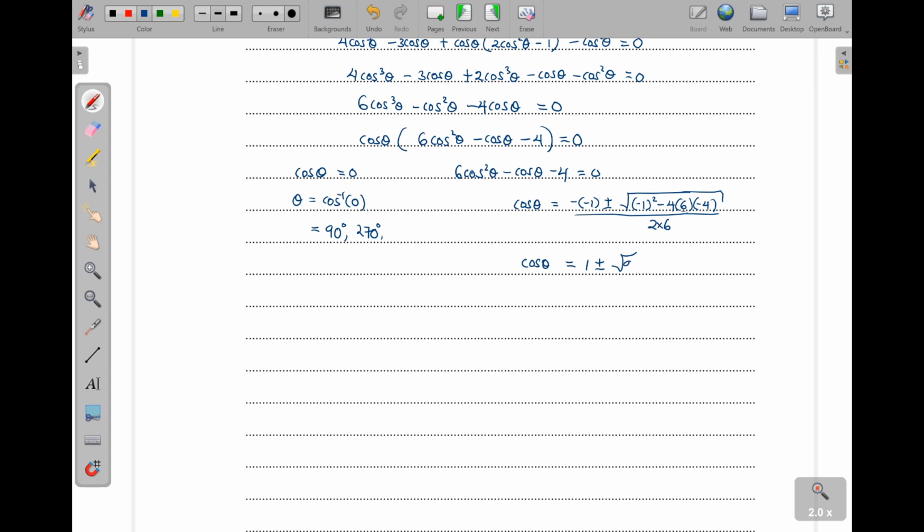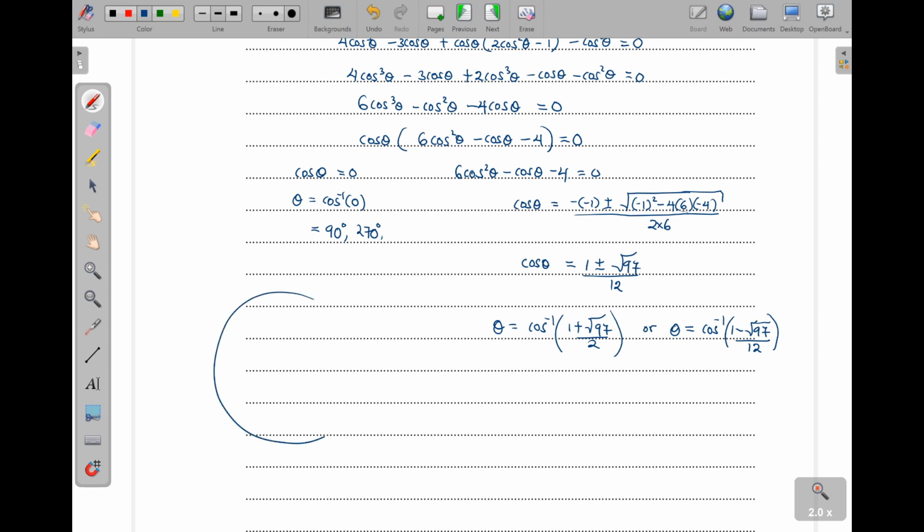So this is root of 97, then out of 12. So theta is therefore going to be the arc cos of 1 plus root of 97 over 12, or theta can be equivalent to the arc cos of 1 minus root of 97 over 12.